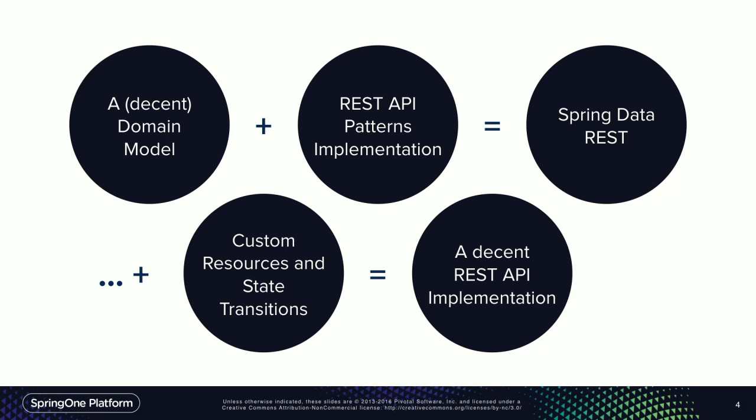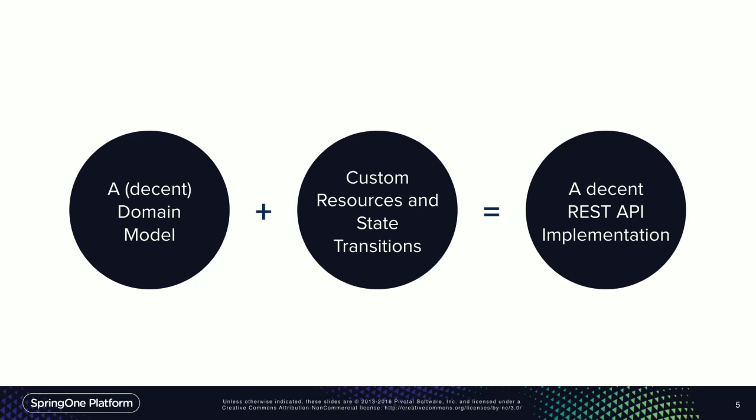So ultimately, our goal is for you to focus on these two aspects by providing you the other two, because they are the ones that will make your API great. We take the pain out of the boilerplate to give you more time to think about exactly these two things.